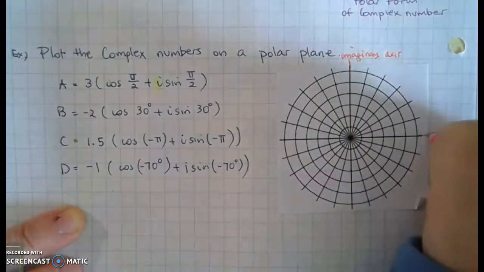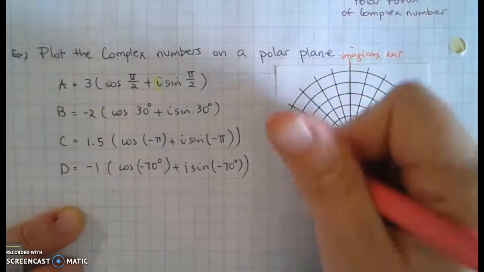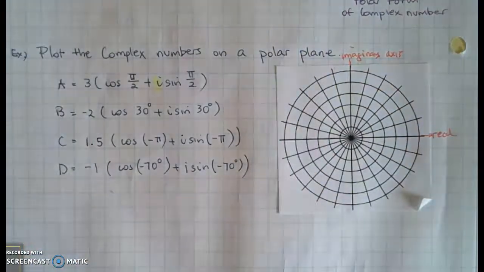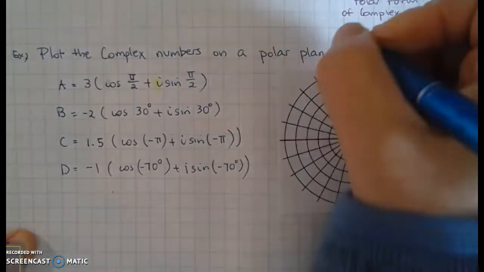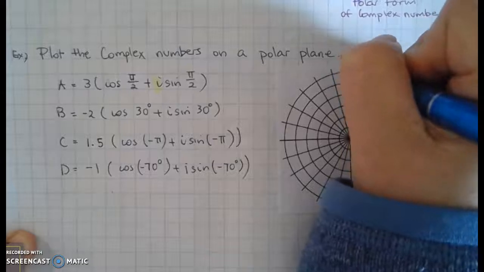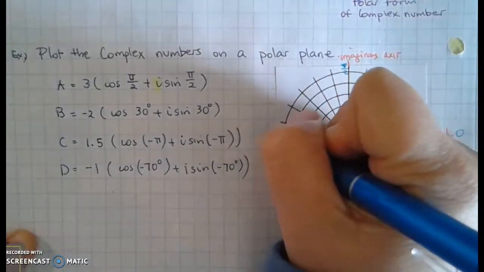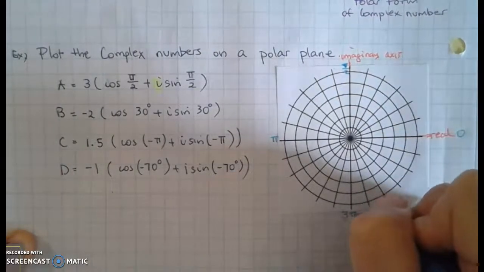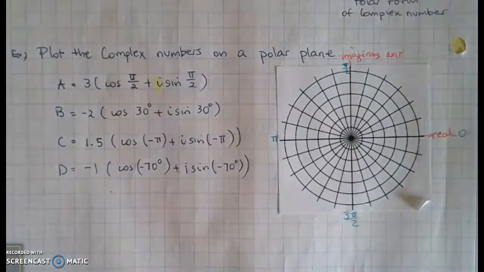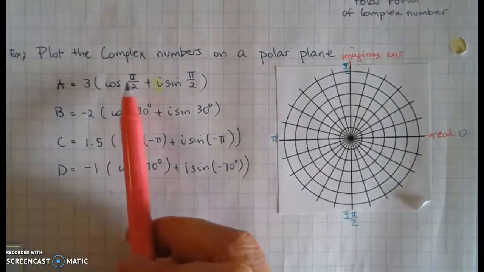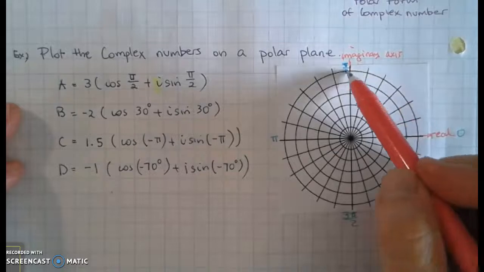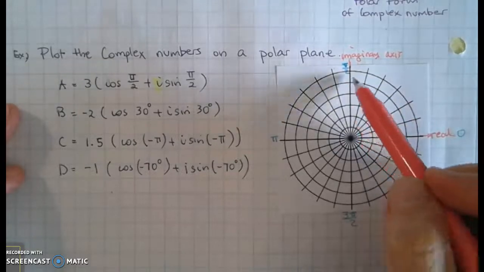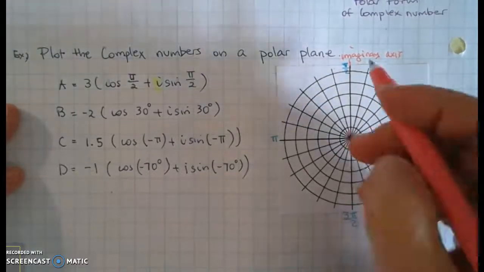But as far as the angles go, it is still the same thing. We still have 0 degrees or 0 radians all the way to pi over 2, pi, and 3 pi over 2. Pi over 2 is right here, so the angle is pi over 2 and the radius is 3.